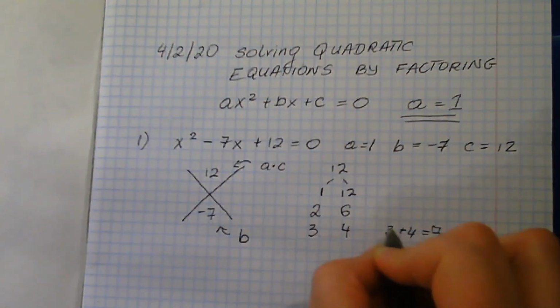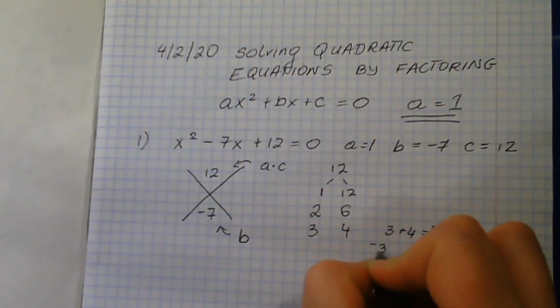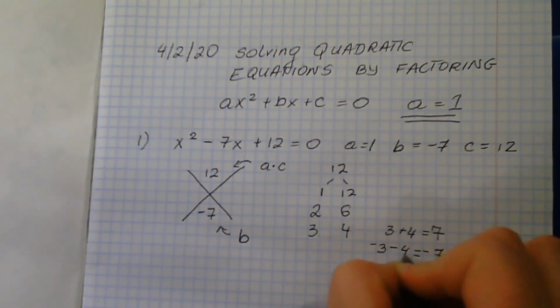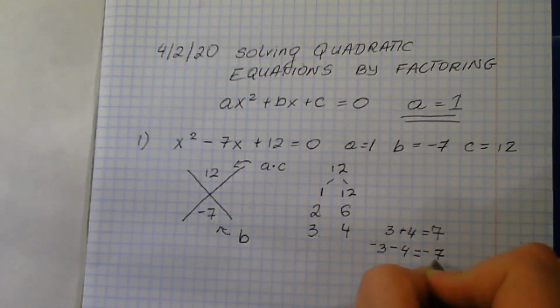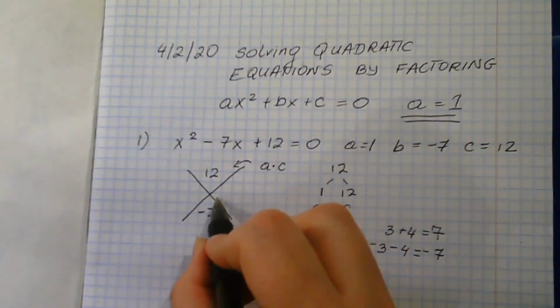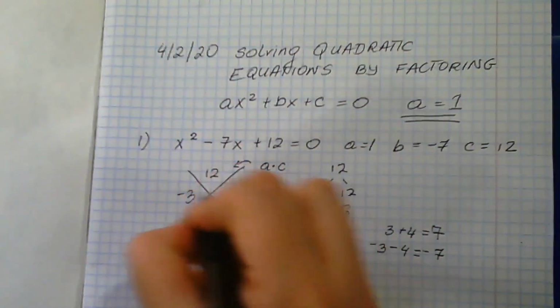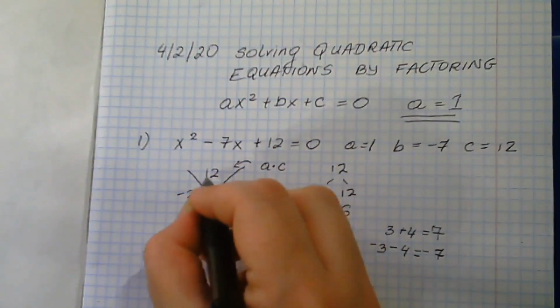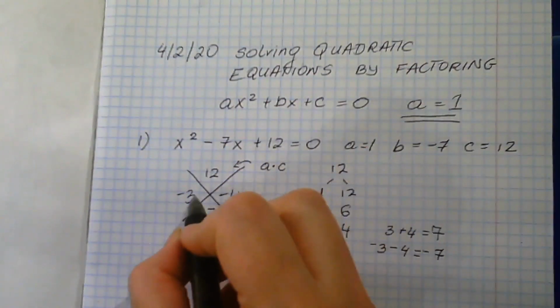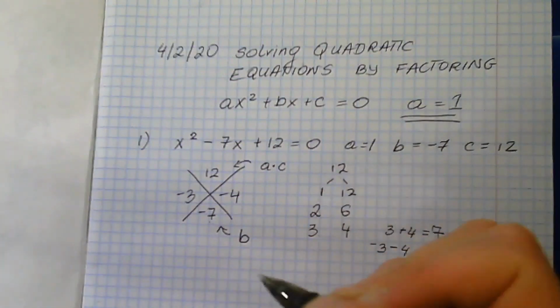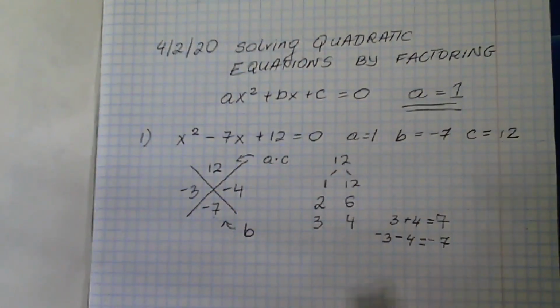That means I need the opposite of 3, which is -3, and the opposite of +4, which is -4. So -3 minus 4 gives me -7, and that's what I want. I can check: is -3 times -4 equal to +12? Yes. Is -3 plus -4 equal to -7? Yes. So my two numbers are -3 and -4.